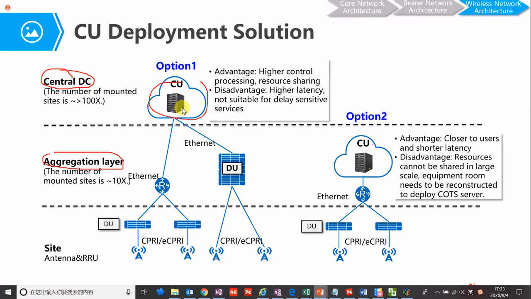The CU can also be deployed on the aggregation layer. In this case, it will be near the DU. Delay will be shorter because the distance is shorter. The shortcoming is that the CU can manage fewer DUs, because it is near the base station and can be connected with fewer base stations.